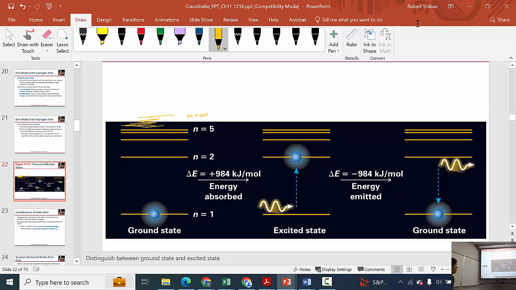At n equals infinity, E sub infinity is equal to 1 over infinity squared E1. 1 over infinity squared is going to be 0. And so the energy at infinity is 0 joules. And so that's our 0 point, and then we go down lower in energy. That's the energy of the electron.